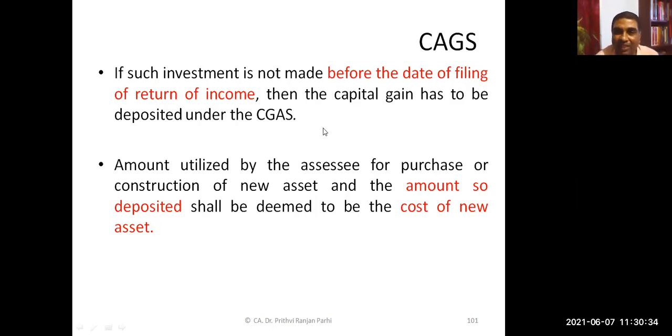So whatever is the capital gain, he can park that money in an account under the capital gain account scheme, and he can withdraw that money and get the house constructed or purchased. Did you understand? The amount so deposited in the capital gain account scheme shall be deemed to be the cost of new asset. So when filing the return, he will show that I have not invested, but I have kept the money in the capital gain account scheme.